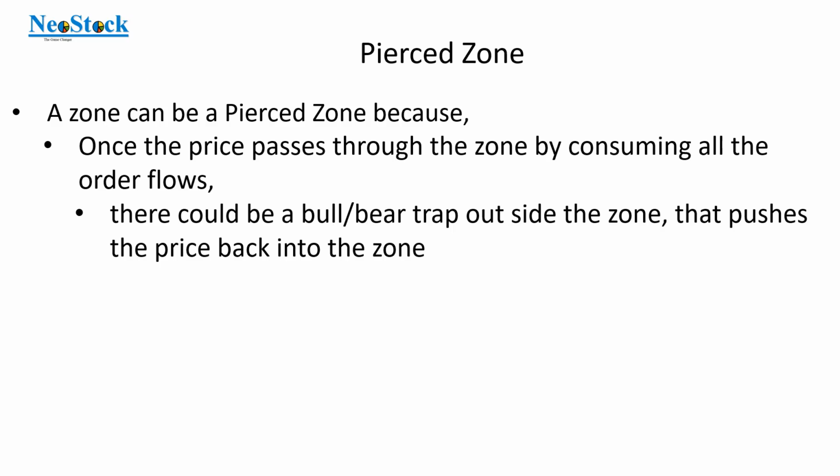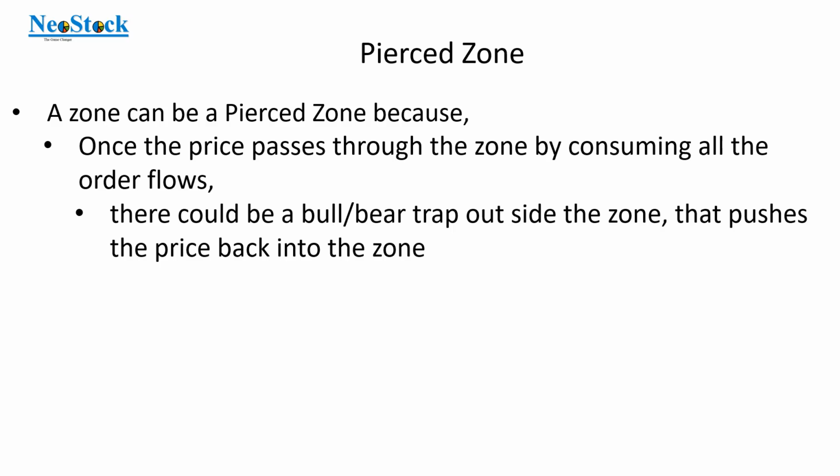If a demand zone is pierced and there is a bear trap below, it has a strong institutional order flow and will push the price up again. Similarly, if a supply zone is pierced and there is a bull trap above it, the bull trap pushes the price back into the supply zone.